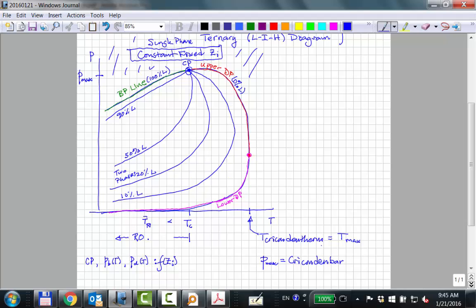That's convention. If the reservoir temperature for this mixture is greater than the critical temperature out here, then we're going to call it a reservoir gas.